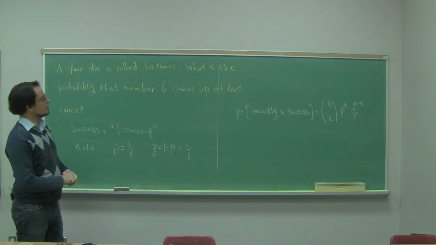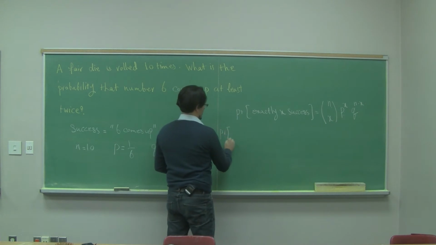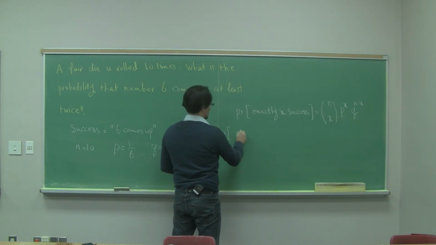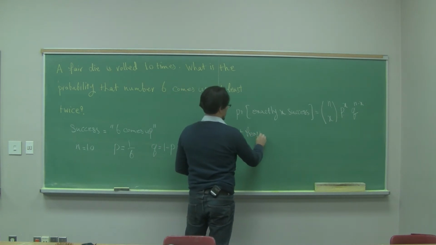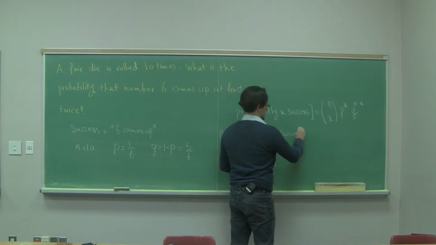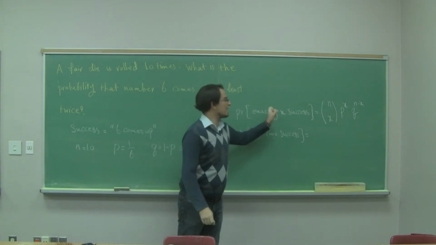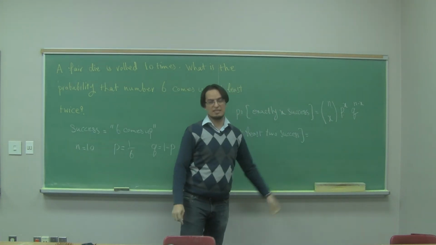But here, what we are looking for is the probability of at least 2 successes. Note that this formula is for exactly x successes.